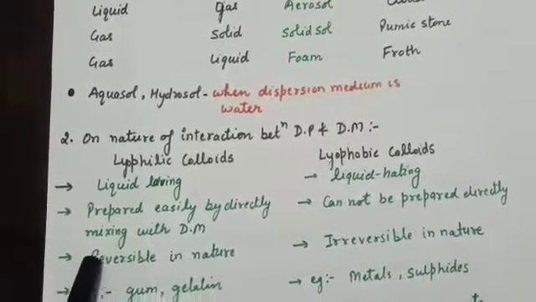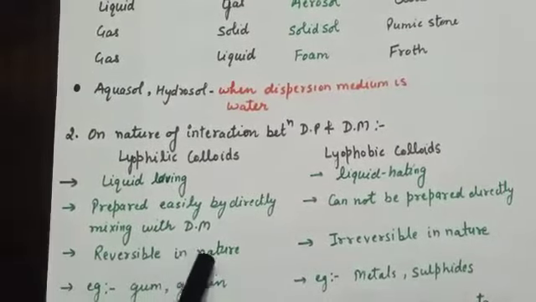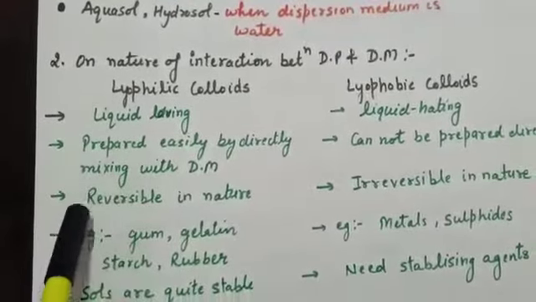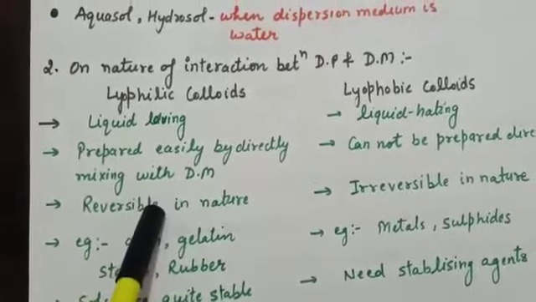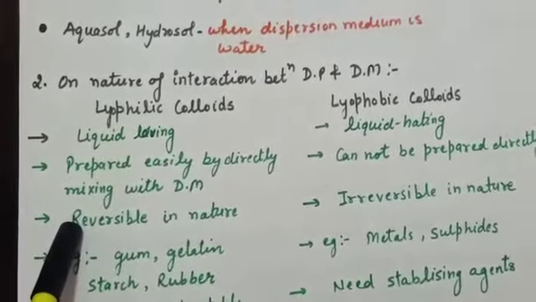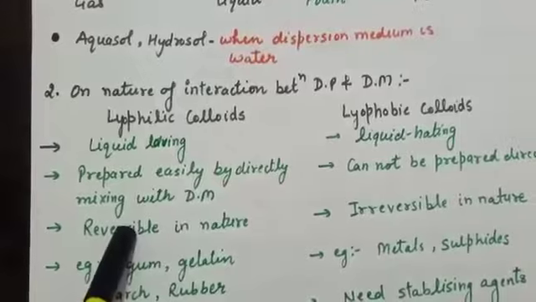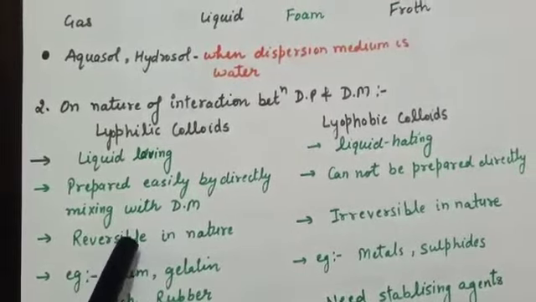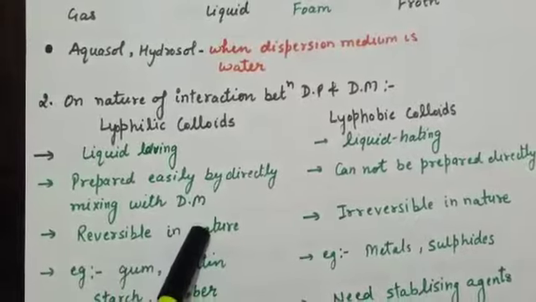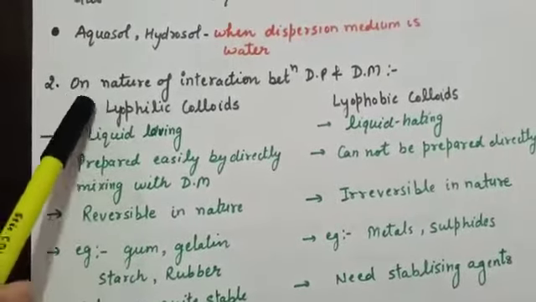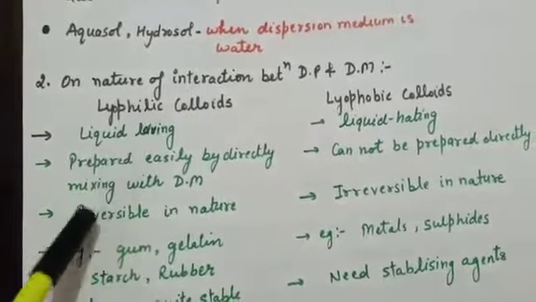Next point is that lyophilic colloids are reversible in nature. That is, if the dispersion medium is separated from the dispersed phase, let's say by evaporation, the sol can be reconstituted by simply remixing with the dispersion medium. For example, if we mix starch in water, we get a lyophilic colloid of starch in water.